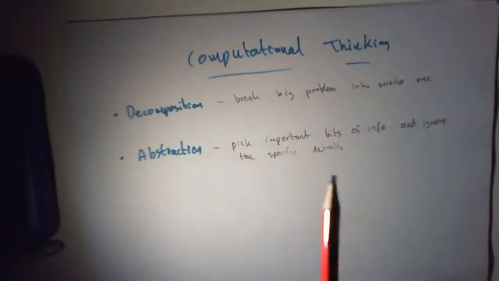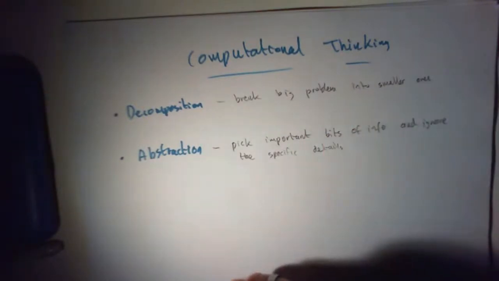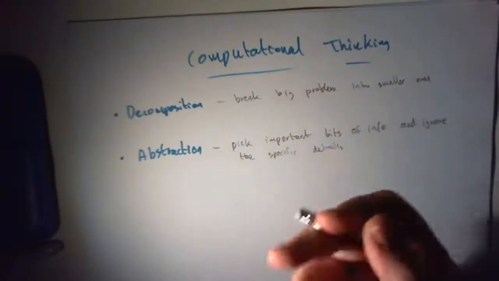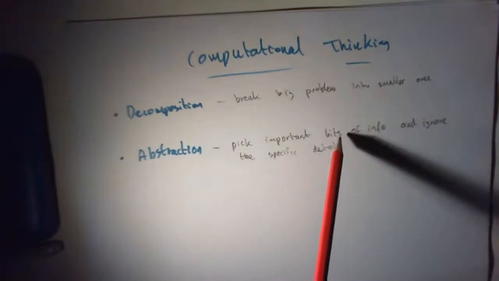For example, the one I always joke about when I'm teaching maths is: Anne and Barry had 4 eggs and 3 chickens, how many different ways can they make an omelette, or something silly like that. In abstraction, you'd pick the important bits.